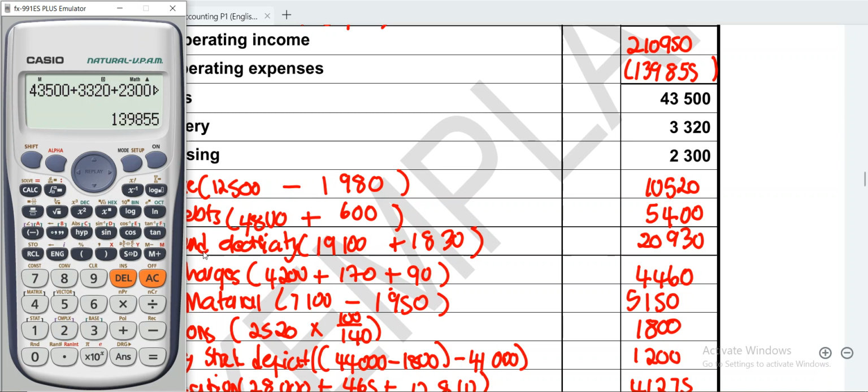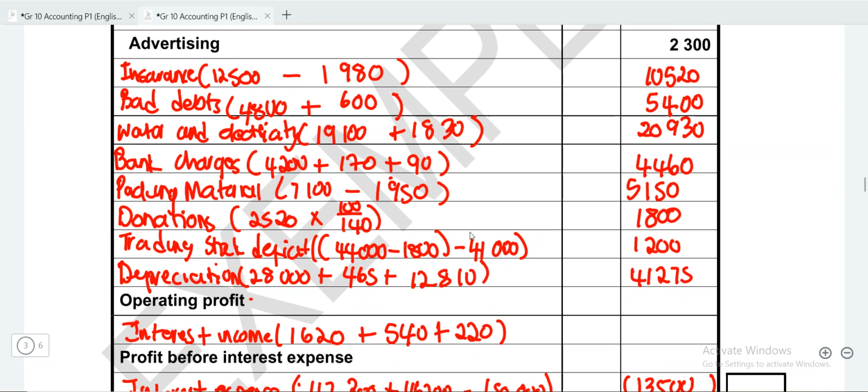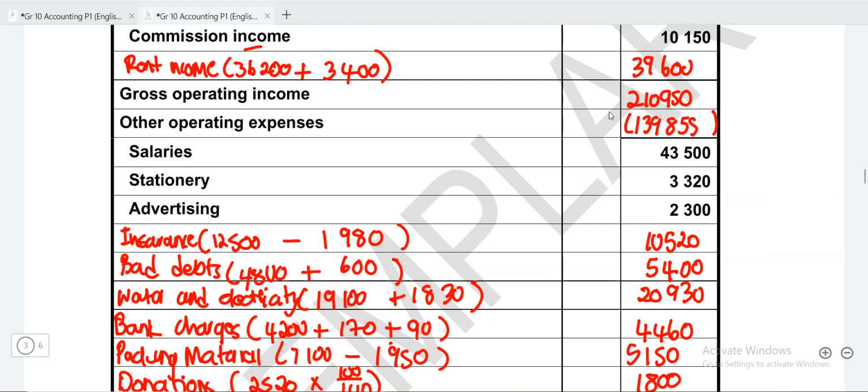We are still getting the same amount, which is 139,855.